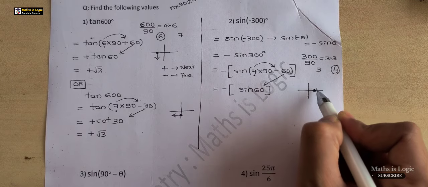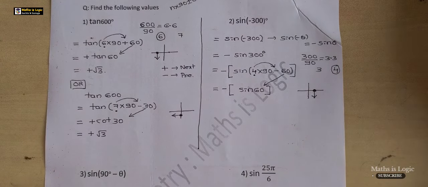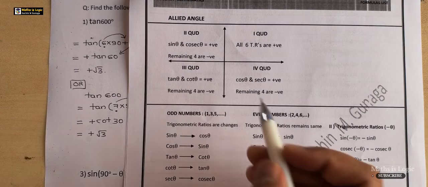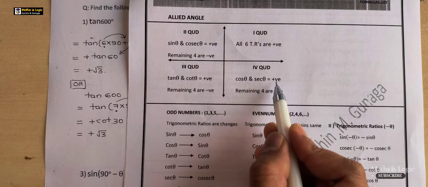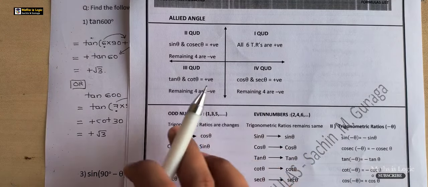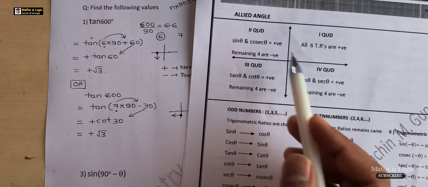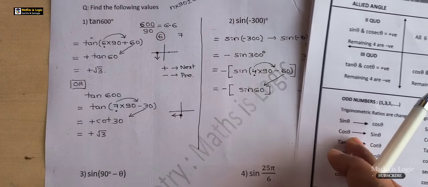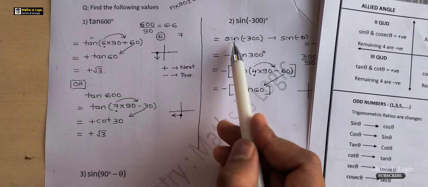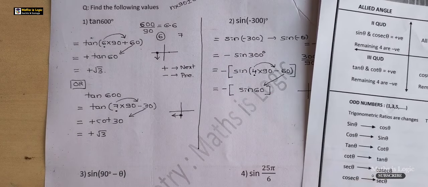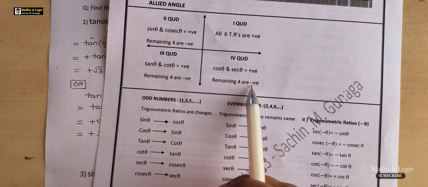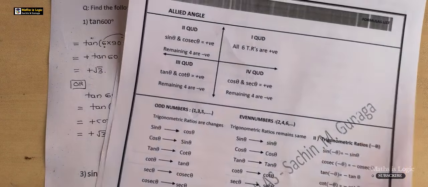Plus means next quadrant, minus means previous quadrant, which is the fourth quadrant. In the fourth quadrant cos and sec are positive, and the remaining, tan, cot, sine and cosec, are negative. Sine is given, and sine is negative in the fourth quadrant.